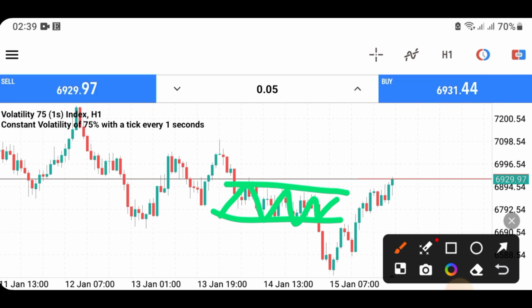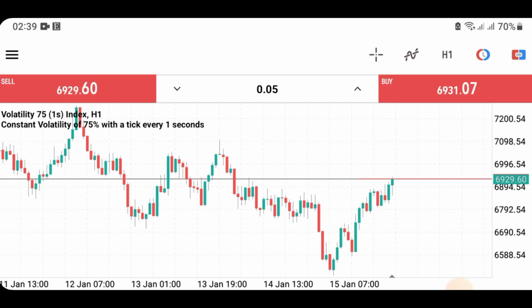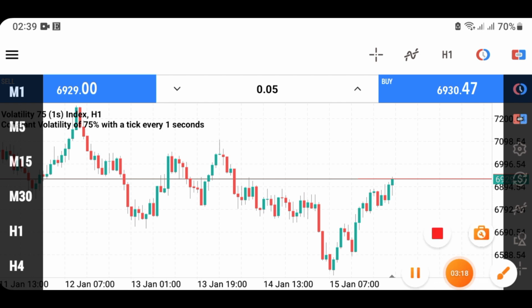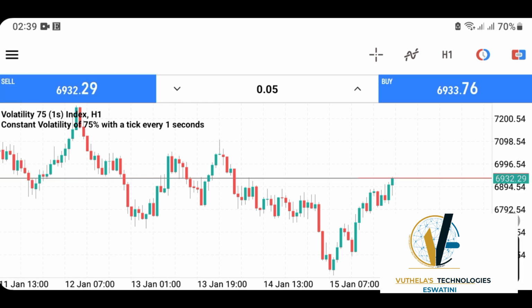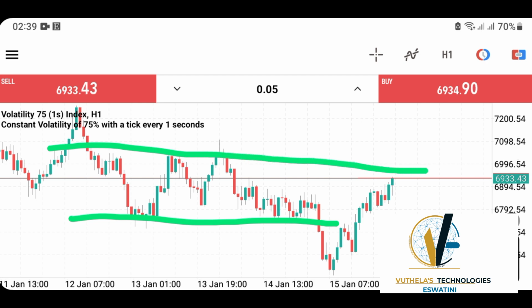So when the market goes like this, it goes into its road. The road of the market is the road that is at the bottom and the road that is at the top.